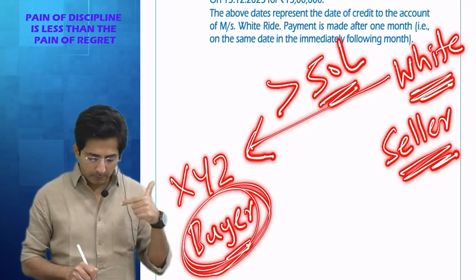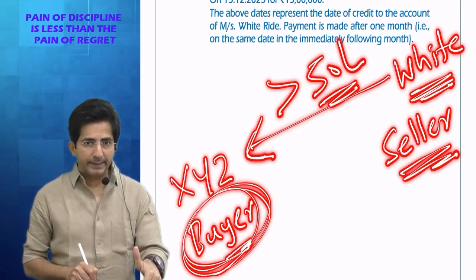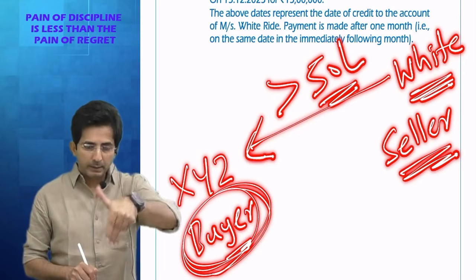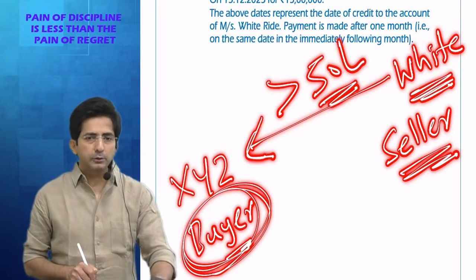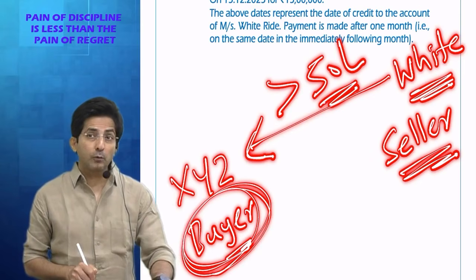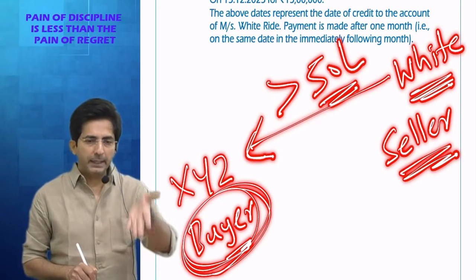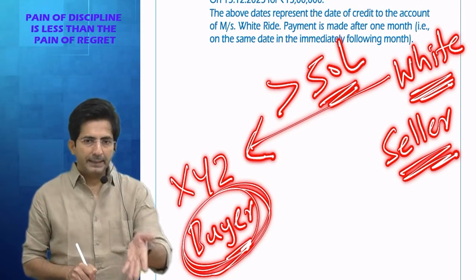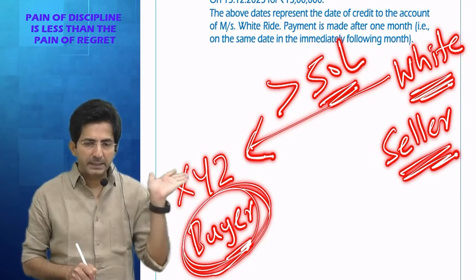But in this question, the buyer XYZ is newly formed in the current year only. It does not have any preceding financial year. So that means if you ask what was your turnover in the preceding financial year, 0. See, turnover of preceding financial year will exist when the entity was existing. But the entity itself was not existing in the preceding year.